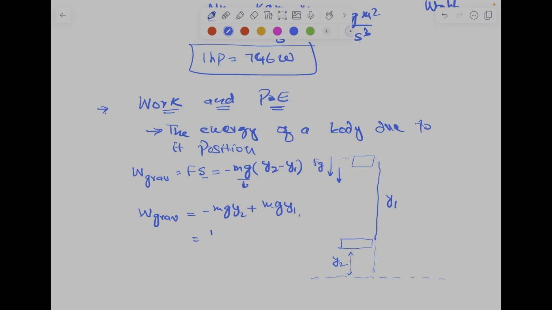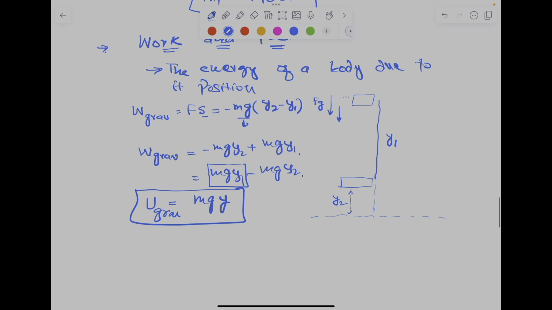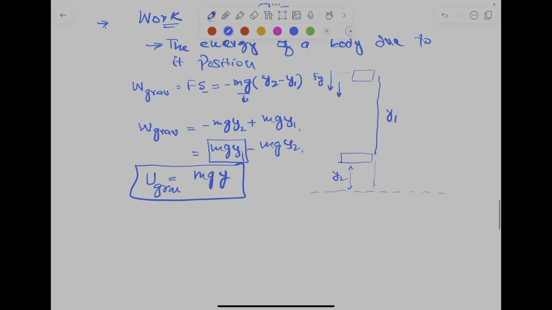So we have mg y1 minus mg y2. Okay, so the energy stored due to the position of the object with y1 is the gravitational potential energy, and we can define this gravitational potential energy as nothing but mgy. It's only along y. Okay, or mgh, which we have defined.